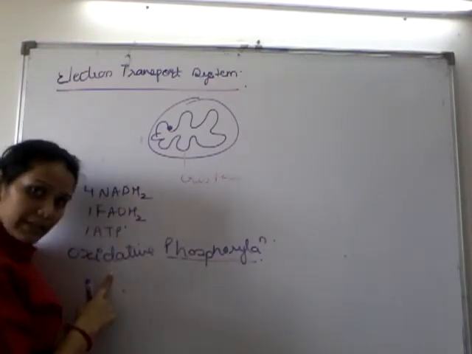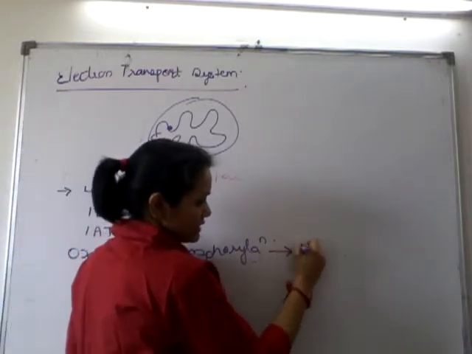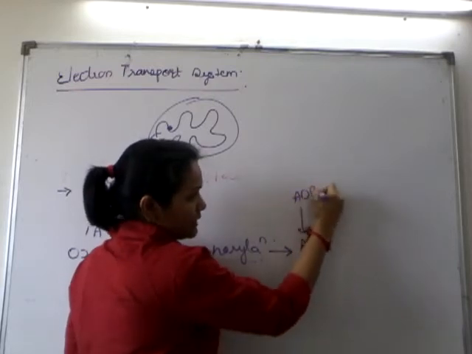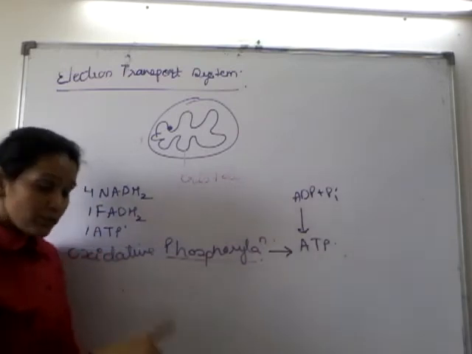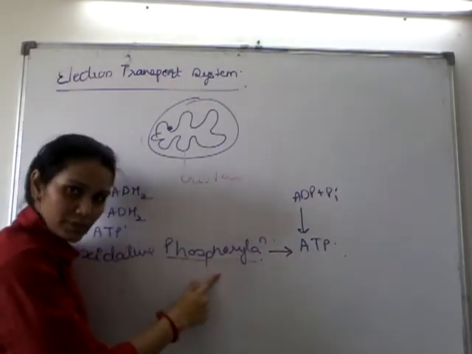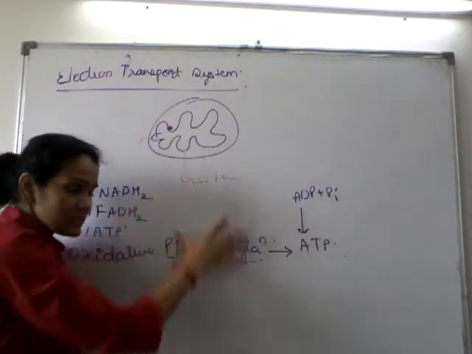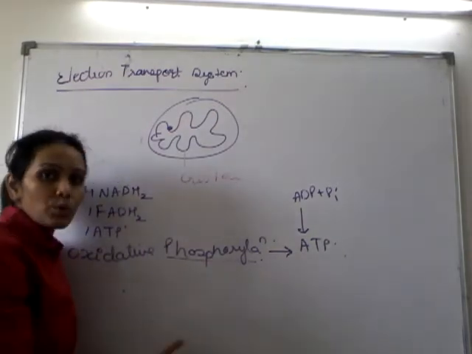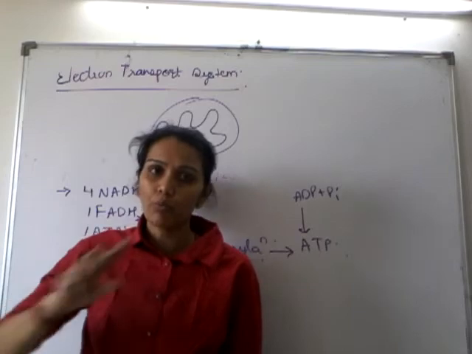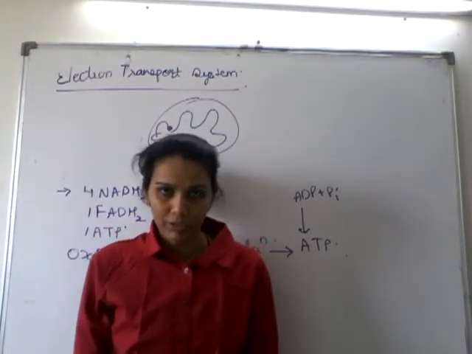If it occurs with the help of oxidation, the term is oxidative phosphorylation: the synthesis of ATP from ADP and inorganic phosphate by using oxidation as an energy source. It is an electron transport system and chain because a series of electron carriers are arranged, and 2 hydrogen and 2 electrons move from one electron acceptor to another, and there the formation of ATP occurs.